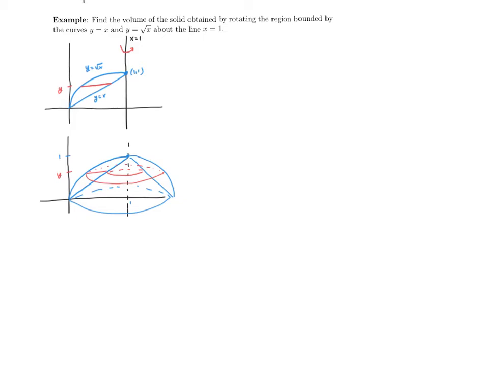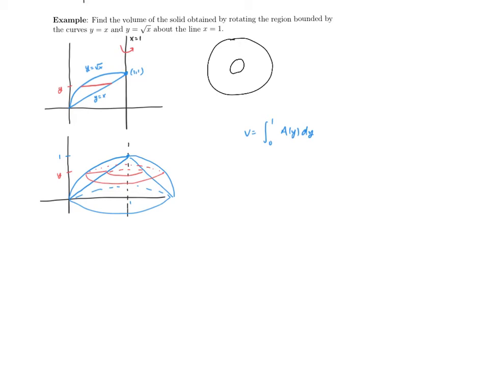So in this case, the volume will be the definite integral from 0 to 1, where the y values are varying, of A of y. So we need to come up with a generic formula representing the area of the washer at y. So let's go ahead and just sketch that washer and do a bit of algebraic work to find a formula representing its area.